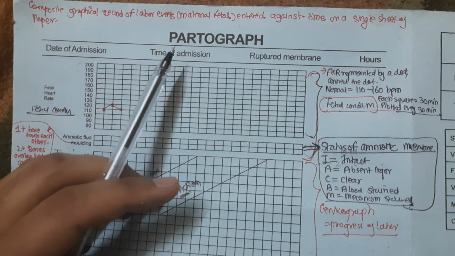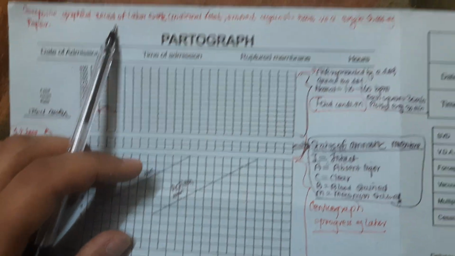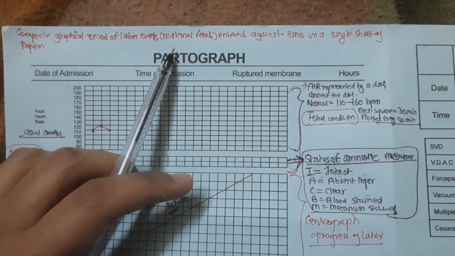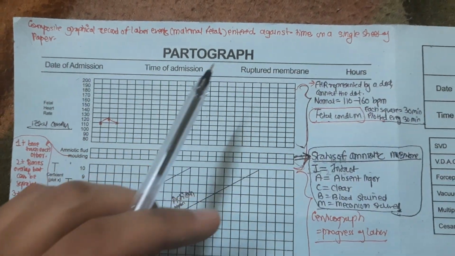The partograph is the composite graphical record of the labor events, that is maternal and fetal, entered against time on a single sheet of paper.